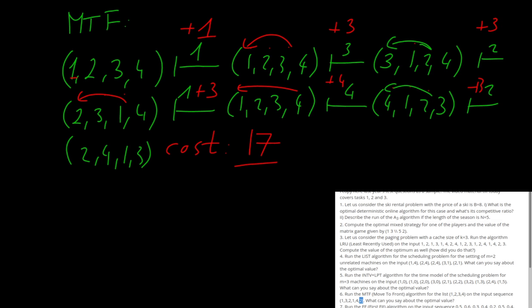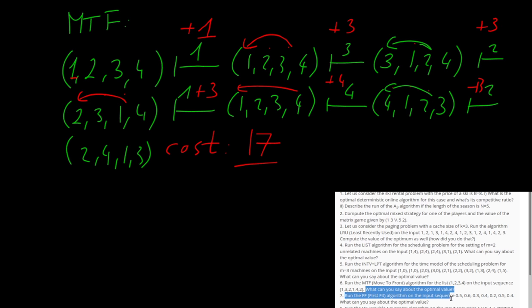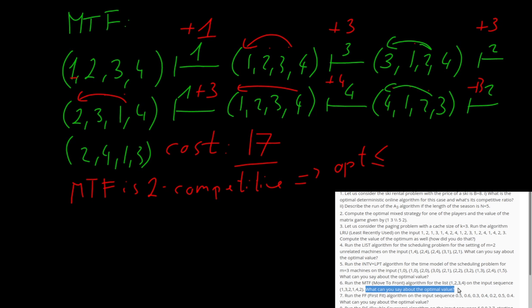Now, what can I say about the optimal value? So this is a quite hard optimization task. You shouldn't try this at home. But since we know that MTF is 2-competitive, this means that the optimum is at least 17 over 2, which is 8.5.